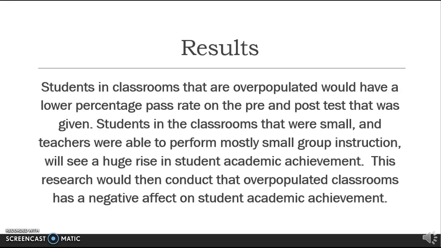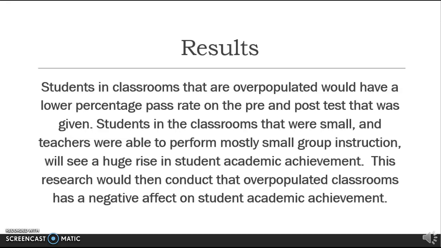and give students a pre and post test and take their data and analyze it. But if I did go through all of these steps in my research process that I wrote, I believe that it would show that there is an effect on student academic achievement when it comes to overpopulated classrooms, and it is a negative one.